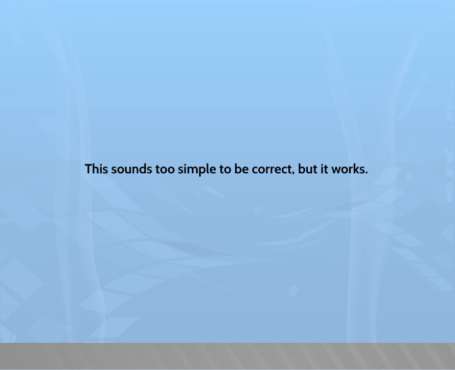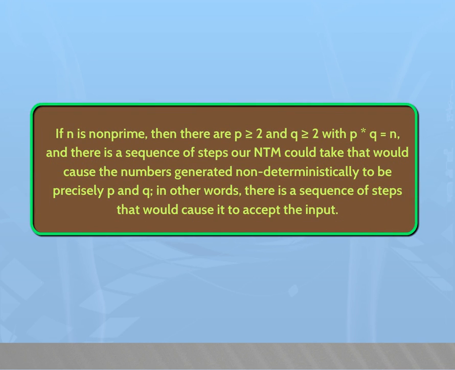This sounds too simple to be correct, but it works. If n is non-prime, then there are p ≥ 2 and q ≥ 2 with p*q = n, and there is a sequence of steps for the NTM that would cause the numbers generated nondeterministically to be precisely p and q. In other words, there is a sequence of steps that would cause it to accept the input.